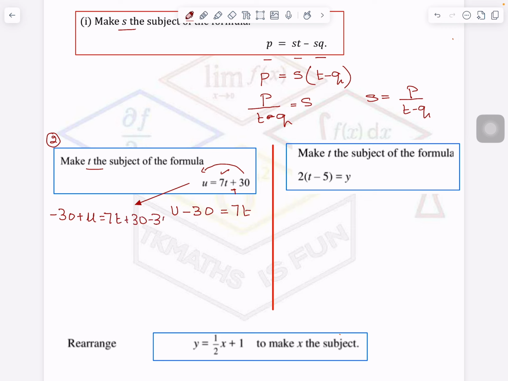So when we write minus 30 on both sides, this cancels out and you are left with minus 30 plus U is equal to 70. And because 7 is multiplying by T, we divide both sides by 7. So this cancels out and we are left with T is equal to U minus 30 upon 7.